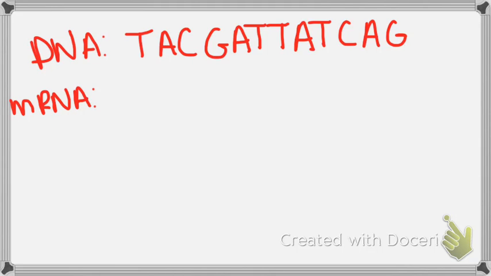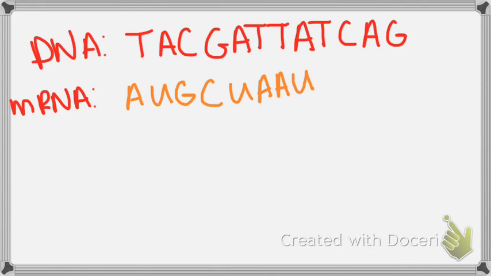Remember T pairs with A, A pairs with U, C pairs with G, G pairs with C. So T pairs with A, A with U, C with G, G with C, A with U, T with A, T with A, A with U, C with G, A with U, and G with C. So there's our mRNA.